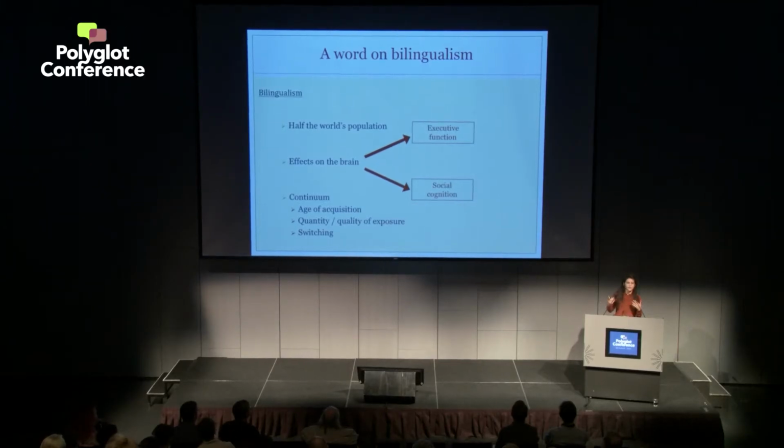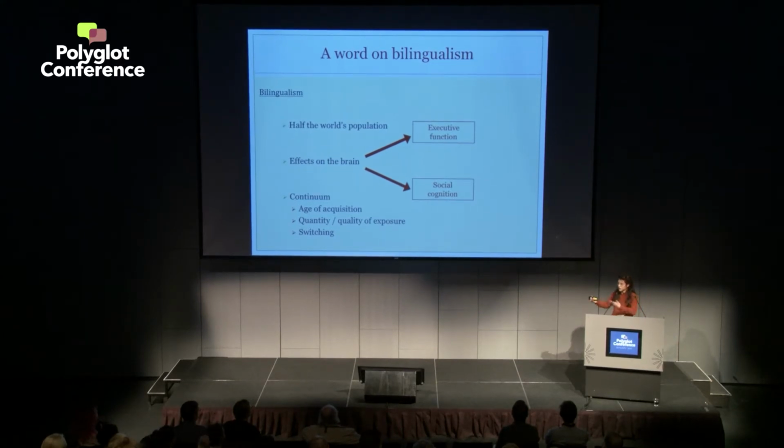The effect of bilingualism is also seen in something called social cognition. Basically, it's all the processes we use when we interact with other people, like understanding facial emotions or putting yourself in someone else's shoes. That's what I do, social cognition. But again here, I will not go into too many details about that.